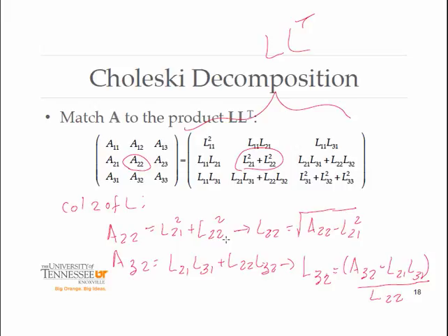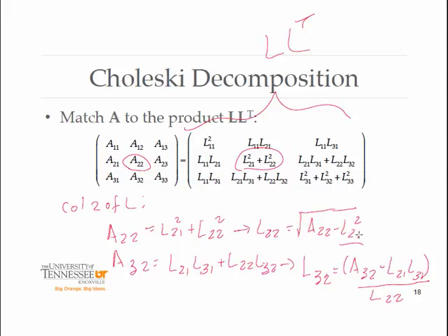We've already got the first column of L, so this element is known. Like we saw with L11, we're having to take a square root, and if that quantity, A22 minus L21 squared, produced a negative number, this factorization would fall apart.